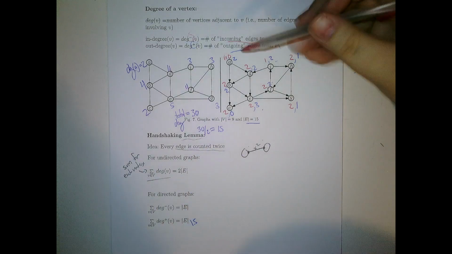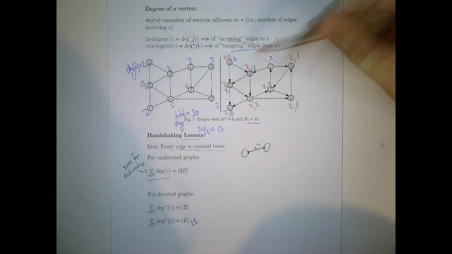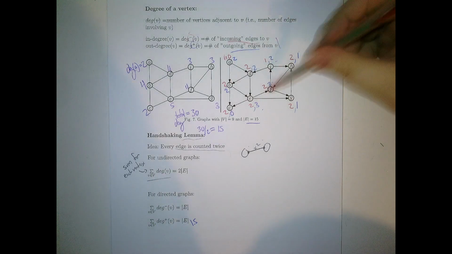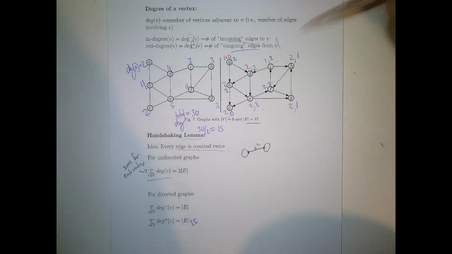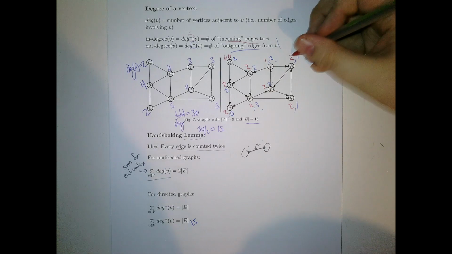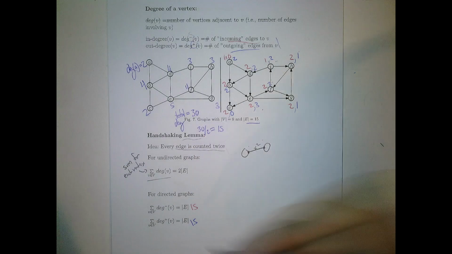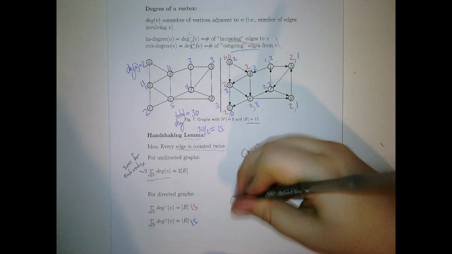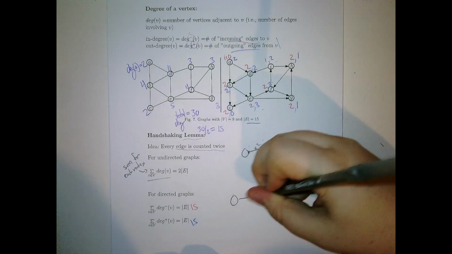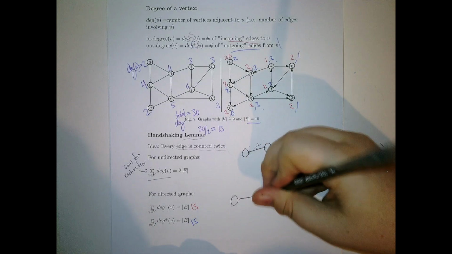Let me count the other one. Let's see, 0, 2, 4, 6, 8, 10, 11, 12, 13, 14, 15. Oh, okay, they both sum up to the number of edges. How did I know that? Well, of course, every edge is directed.